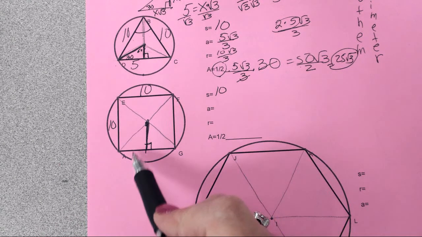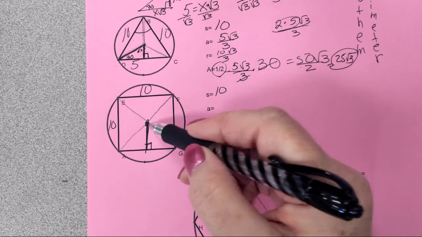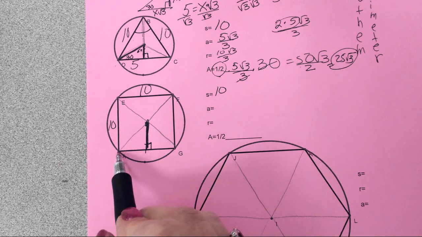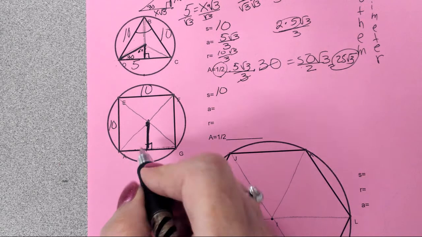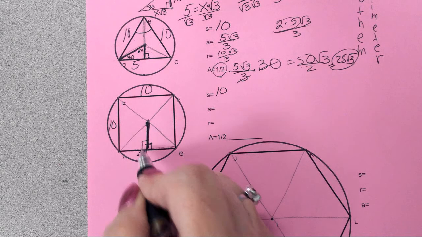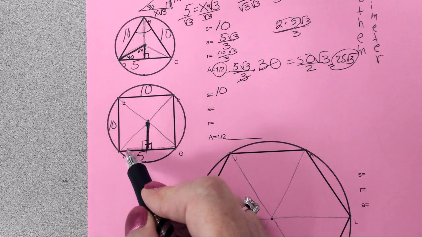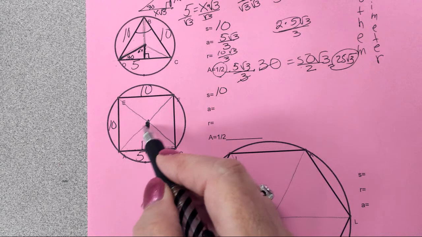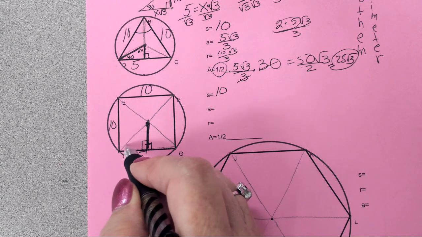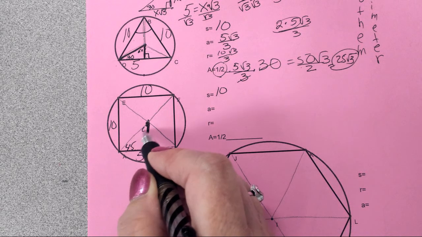So what does that apothem do to the side? Cuts it in half. And what kind of angle do we have here? A square has a right angle, but we drew in this radius, so now we have a 45, 45, 90.